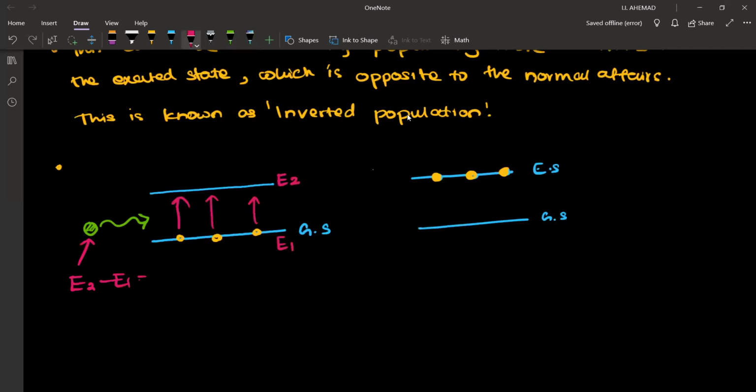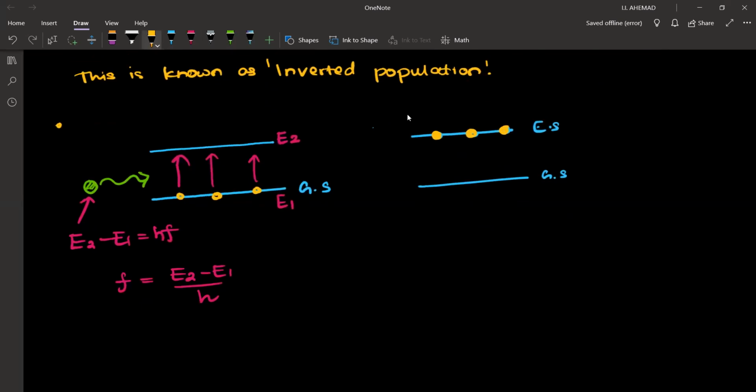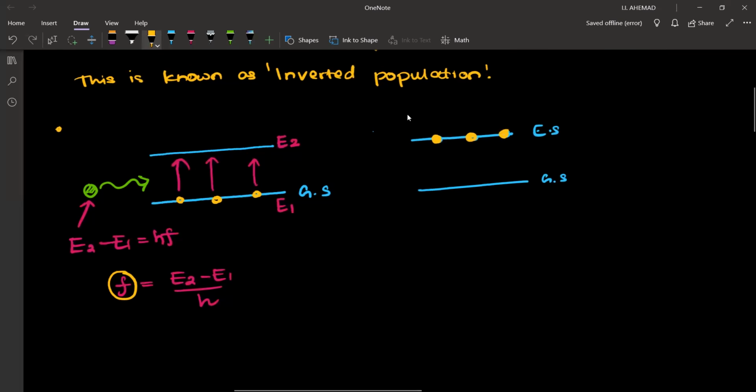From Planck, we have the equation for the energy of a photon, hf. So the frequency of the radiation is (E2 minus E1) over h. When I radiate this material, the frequency of the radiation has to be equal to this. Got it? By providing radiation with this frequency, we can pump the electron to the excited state. Clear?